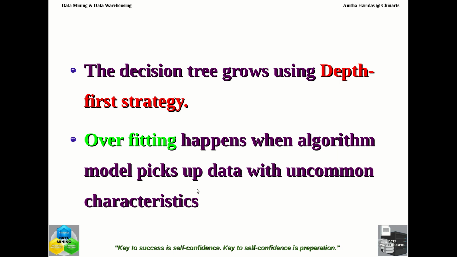So if you have any attribute which does not have common characteristics, then obviously an overfitting problem may occur in the decision tree. So that is why when you use C4.5, the training data needs to be pre-processed, where you have to decide whether all the attributes have some common characteristics.